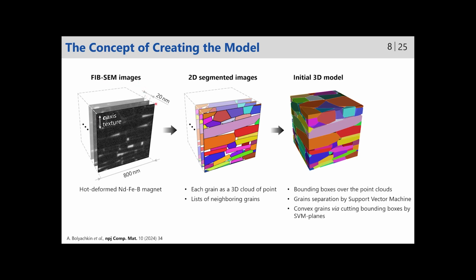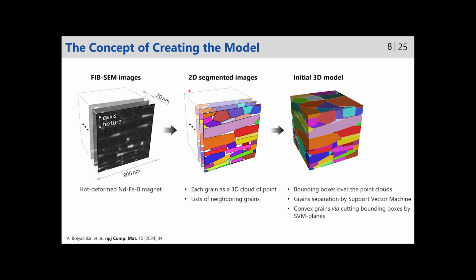It means that with scanning electron microscopy, we can get one image. Then with a focused ion beam, we can polish the surface, remove a layer of a thickness of about 20 nanometers and get another image, polish the surface again in order to remove a layer, get another image, and so on in a sequence. It gives us a series of two-dimensional images collected in such a tomographic manner.